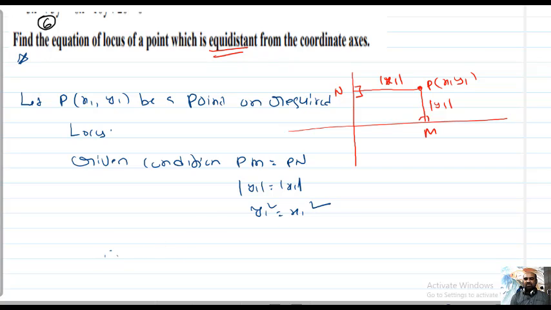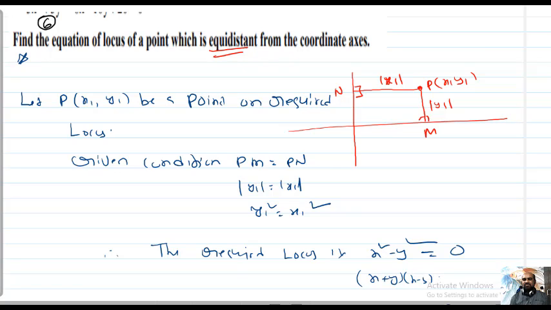Therefore the required locus equation is x square minus y square equal to 0, or sometimes I can say (x plus y) into (x minus y) equal to 0.